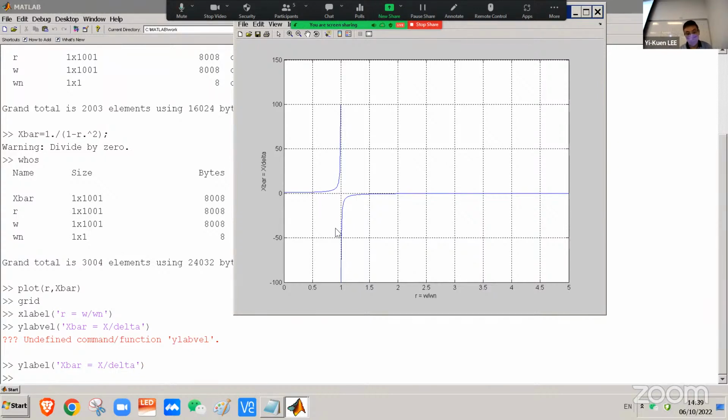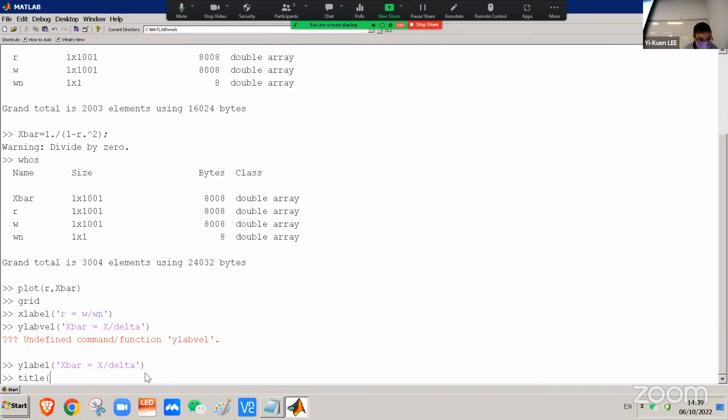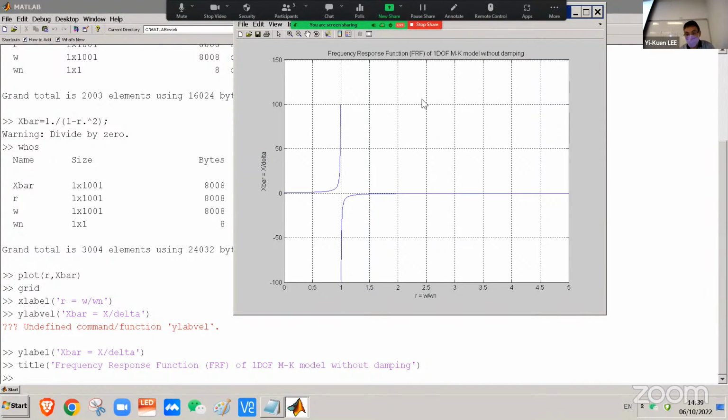Now we just showed you how to use MATLAB to generate what they call the frequency response function. Maybe put a title: frequency response function of one degree of freedom MK model without damping. Okay, you see, now I have generated this frequency response function for a one degree of freedom MK model without damping.